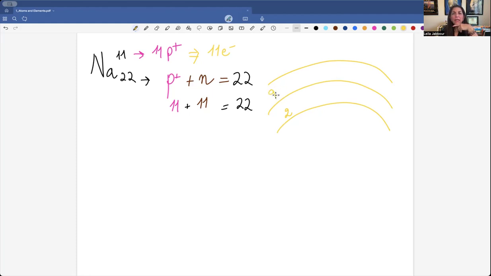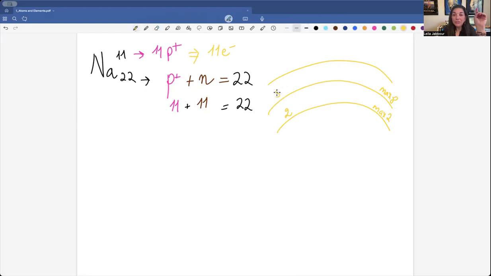Can we really put 9 here? Remember, I told you it's a maximum of 8. It was a maximum of 2 on the first shell, and it's a maximum of 8 on the second shell. So we actually cannot put all 9 here. The 9 left over, we can't.